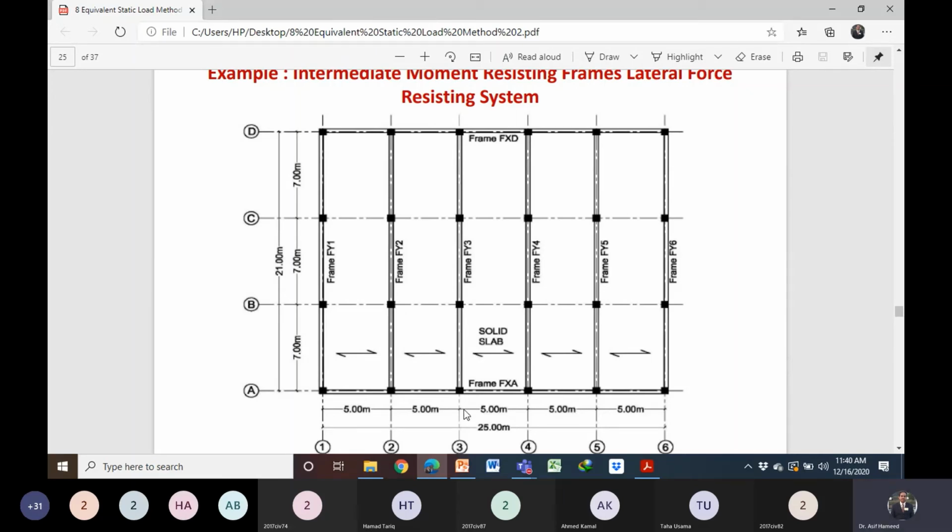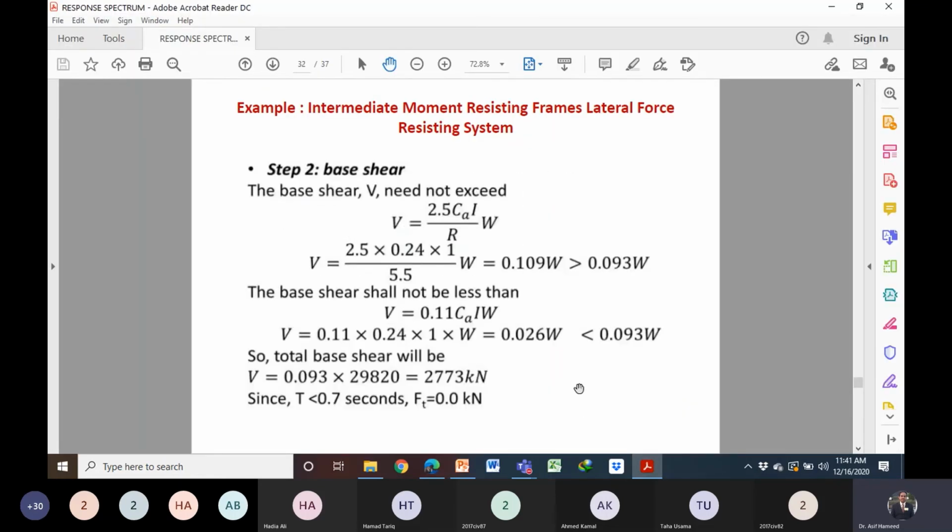Once we have the base shear at the base of each frame, can we distribute the forces vertically along the frame? इसकी बेस पे अगर आपके पास बेस shear है, ठीक है, इस फ्रेम में, so along the height can you distribute the forces? Again we have to use the same formula for the vertical distribution of the forces. जो formula हमने पहले किया ना, वही formula use करना है.